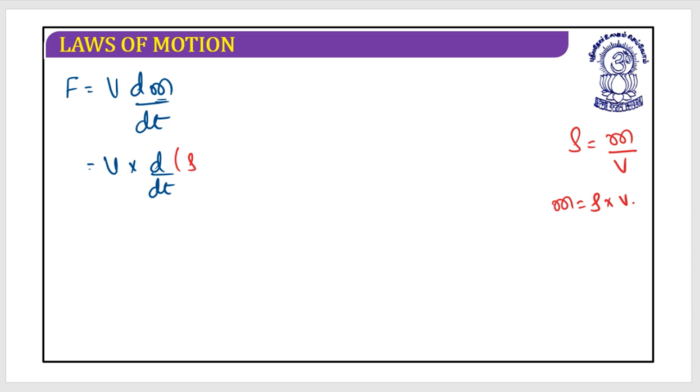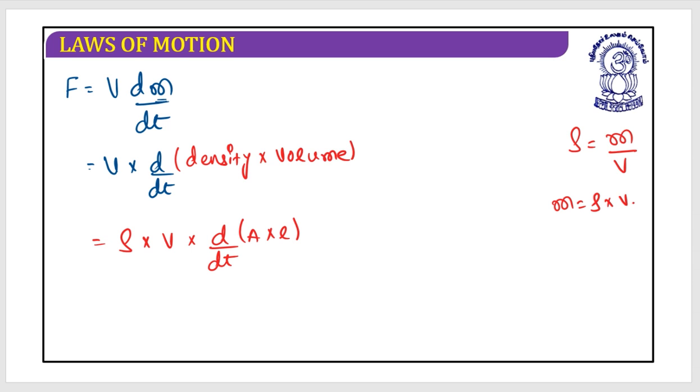So mass is equal to density multiplied by volume. So this is equals to rho multiplied by V multiplied by d by dt of volume. Volume is area into length. So that could be rho into V multiplied by area into dl by dt.